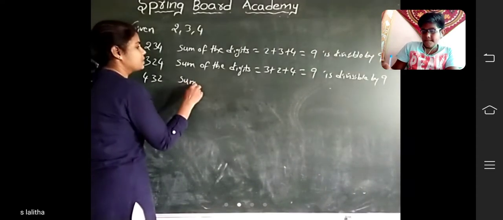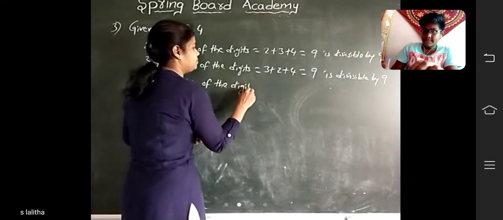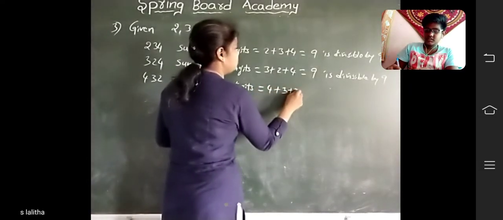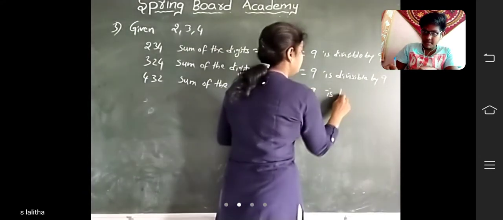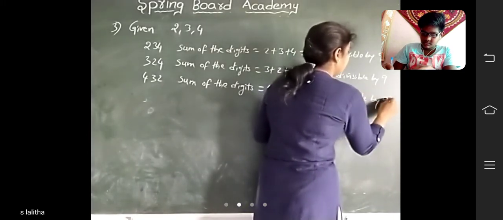Next, 432. Again, this one also. Sum of the digits equals 4 plus 3 plus 2. 4 plus 3, 7. 7 plus 2, 9. Divisible by 9.